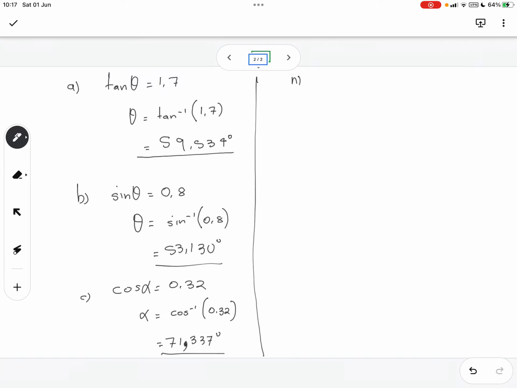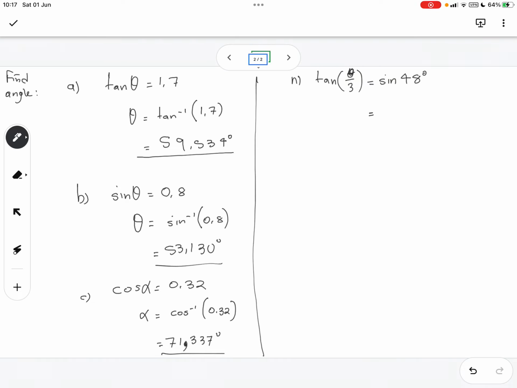All right, so we're going to do the next batch of problems for determining the angle. So this is just find the angle. So n is the tan of theta divided by 3. Theta divided by 3 is an angle, and this equals sine of 48 degrees. So what do we do next?